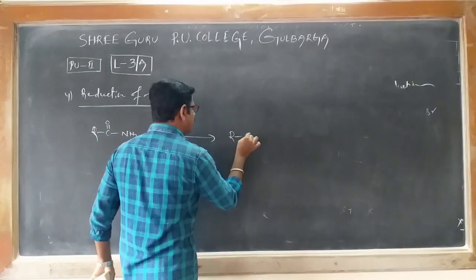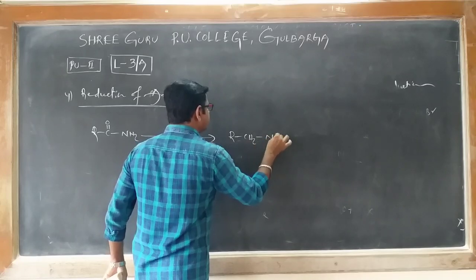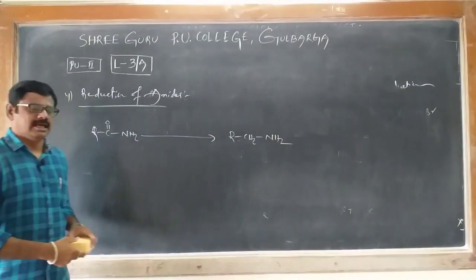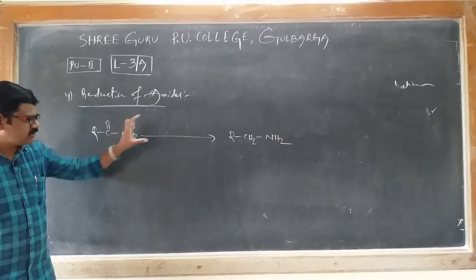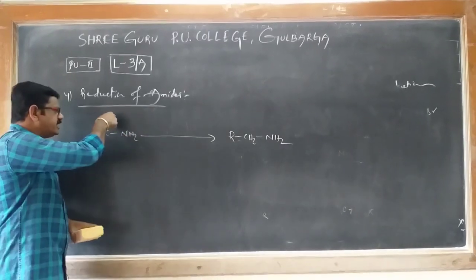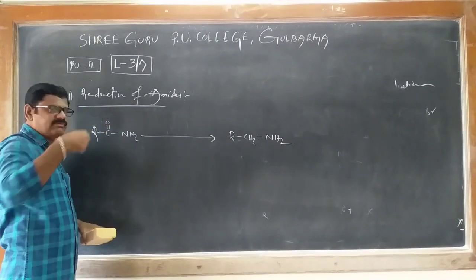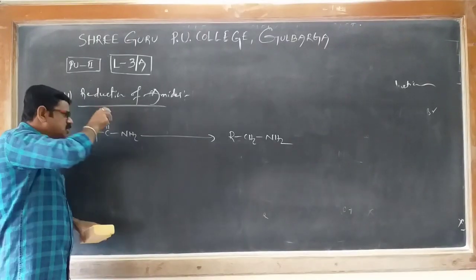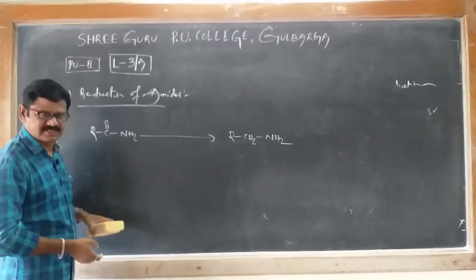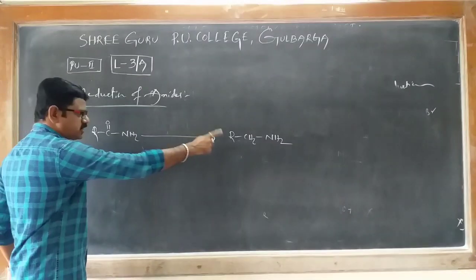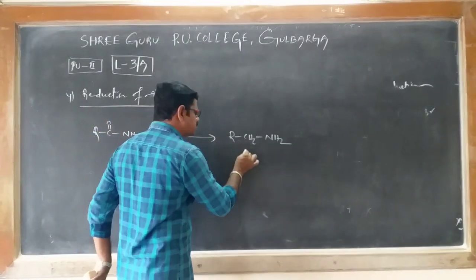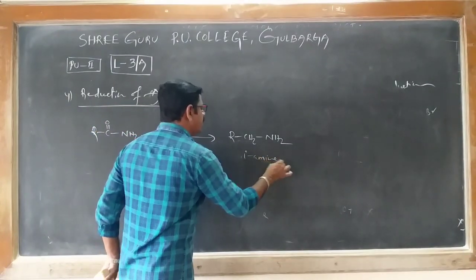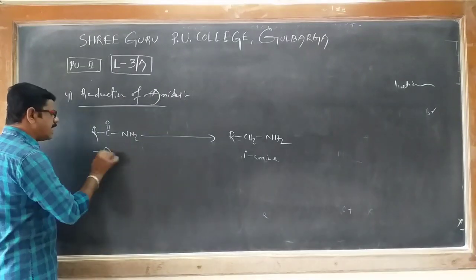When an amide undergoes reduction, you are removing one oxygen and adding 2 hydrogens, which is a reduction process. RCONH2 converts to RCH2NH2, a primary amine. Amide converts to amine.